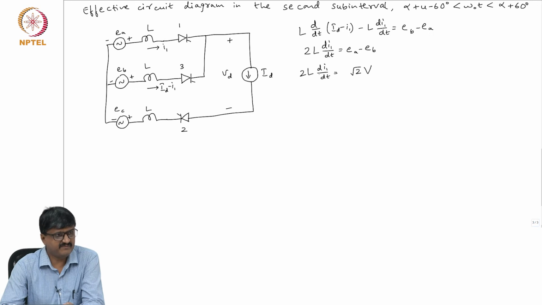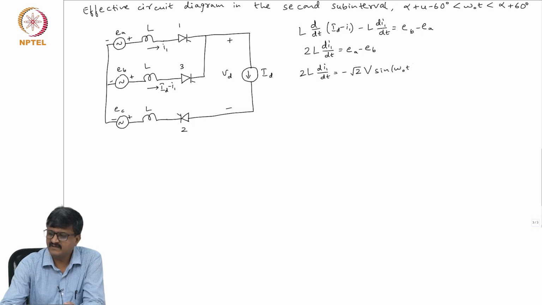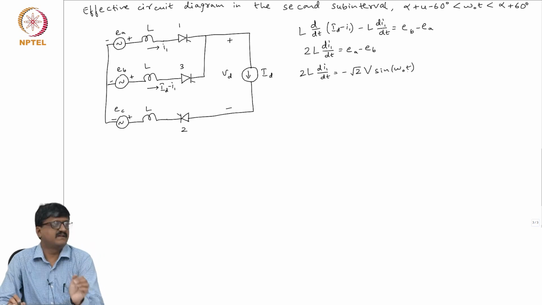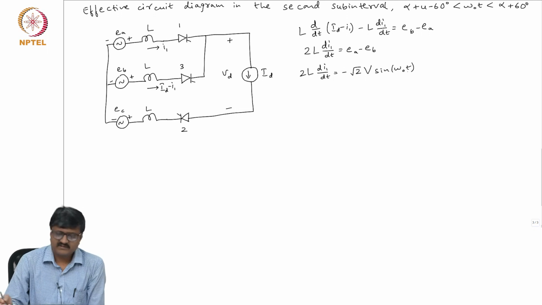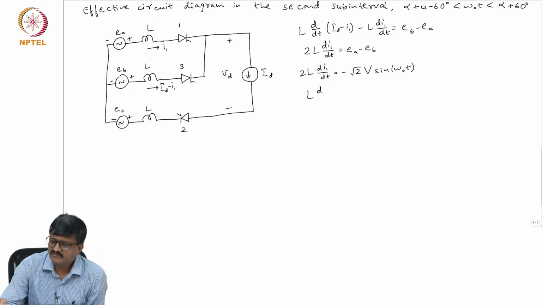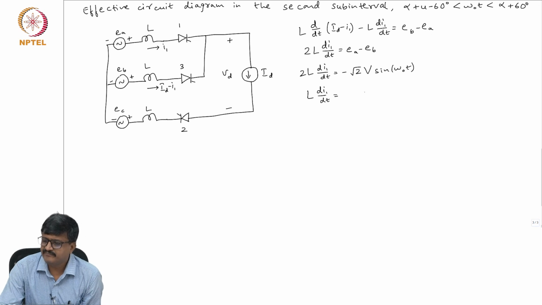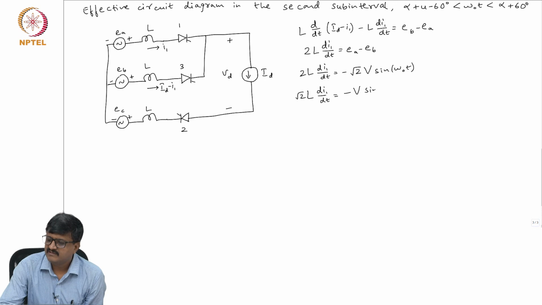So, EA minus EB is minus root 2 V sin omega t. So, root 2 L dI1 by dt is minus V sin omega t. So, solve for I1.